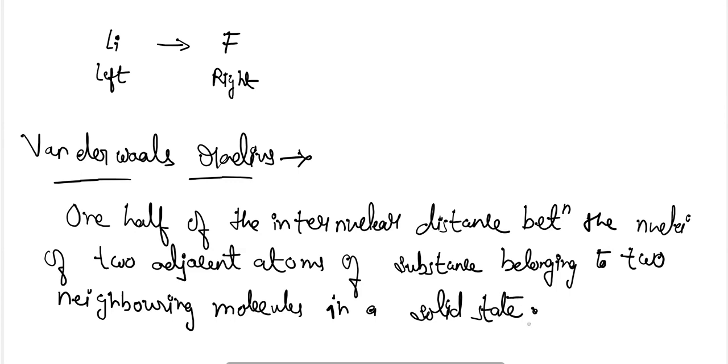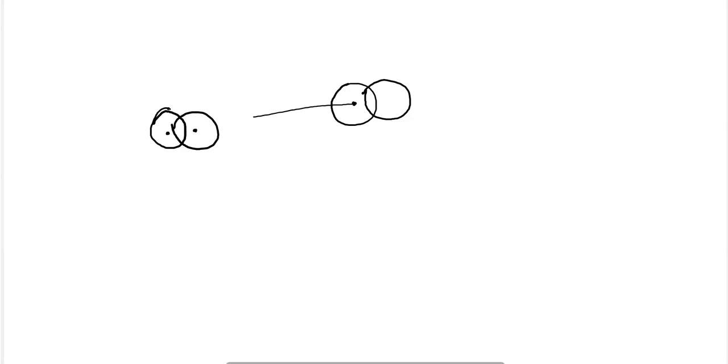So how do we explain this geometrically? Take two atoms forming a structure like this, and two more atoms. Here we will see the distance.